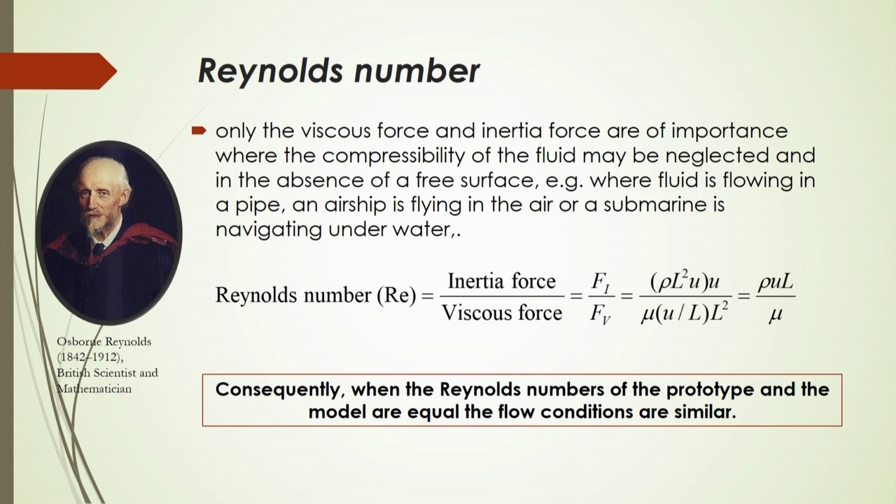Only the viscous force and the inertia force are of importance where the compressibility of the fluid may be neglected and in the absence of a free surface. So these two forces, the viscous force and inertia force, are very important. Examples are fluid flowing in a pipe, an airship flying in the air, or a submarine navigating under water.